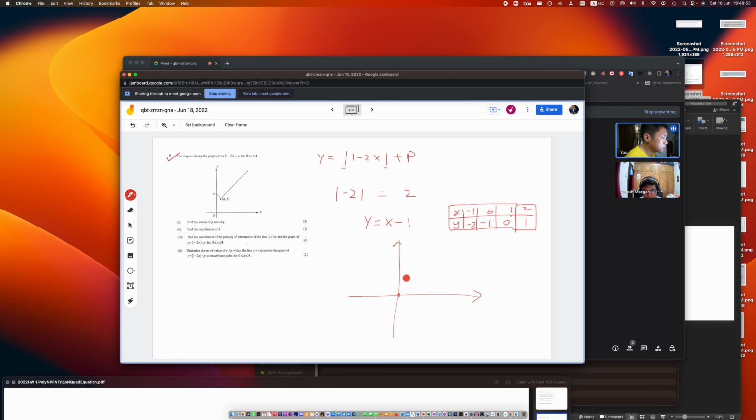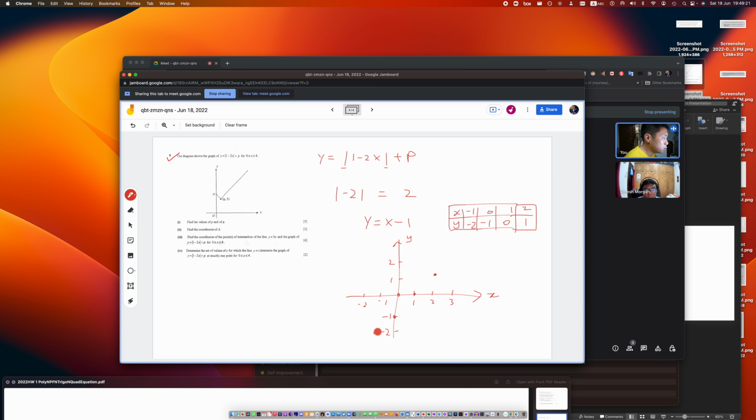This is my y, this is my x, then this is my 1, 2, 3, and this is my -1, -2. So -1, -2 over here; 0, -1; 1, 0 here; and 2 and 1.